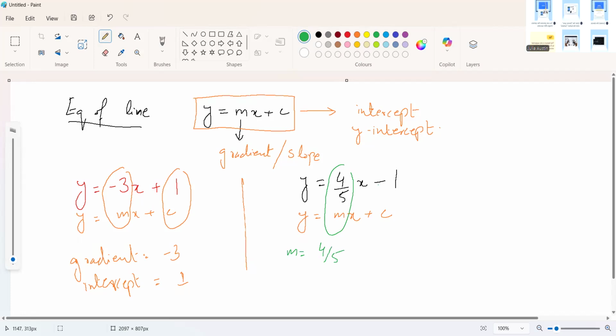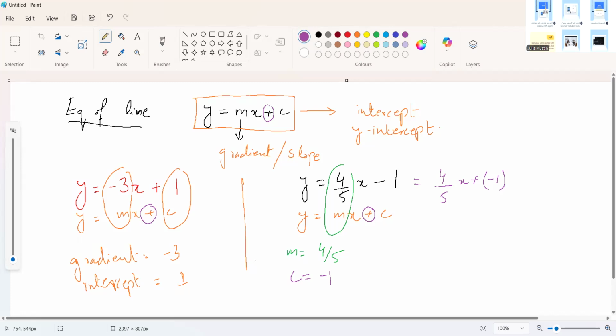And c, now if you have a closer look, in general equation we have a plus here, positive sign. But here it's a negative sign. So that means c will be a negative 1, because this can be written as 4 by 5x plus minus 1. So now if we compare this, the c is equal to minus 1. This is one way of identifying gradient and intercept from a given equation of line.